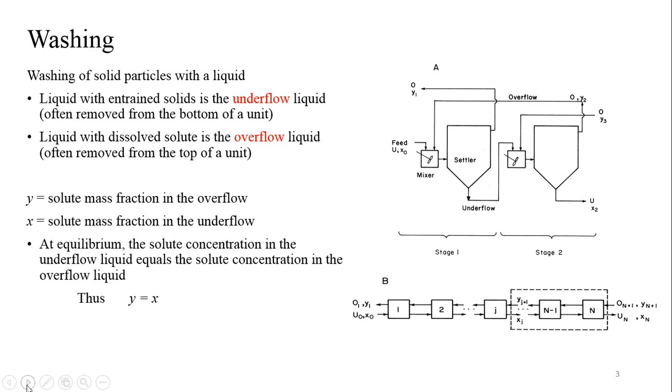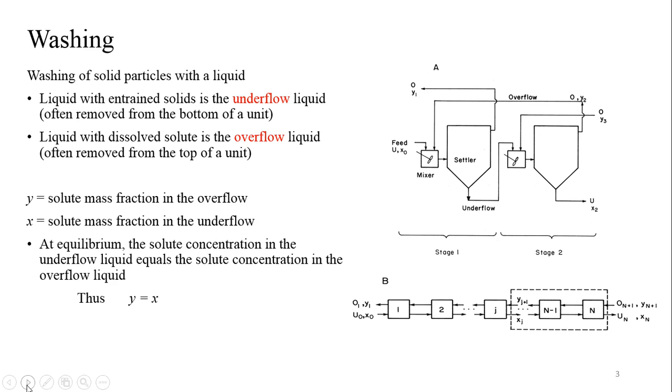There's a lot of different types of equipment that can be used for these kinds of operations. Some of them are pretty sophisticated. For now, let's just do it conceptually. The liquid with the dissolved solute is known as the overflow liquid, and that's removed from the top of our separator. We'll define some symbols for them shortly.